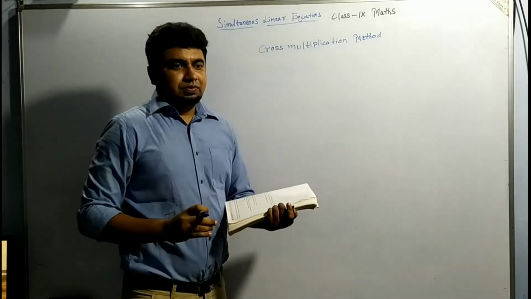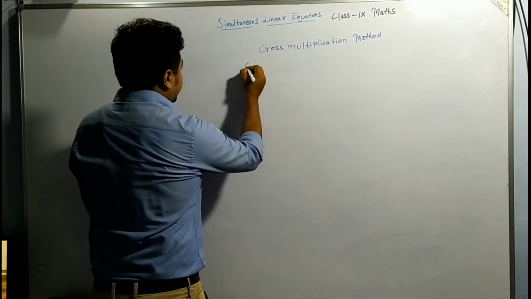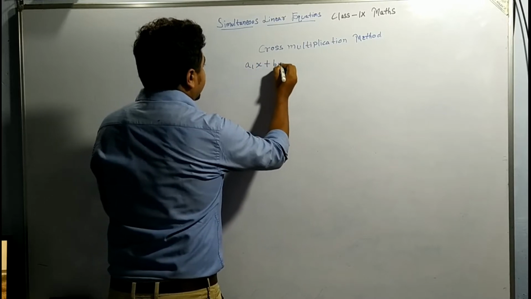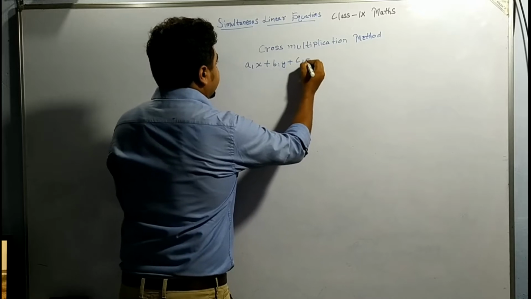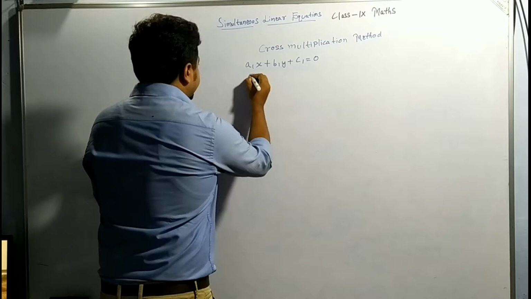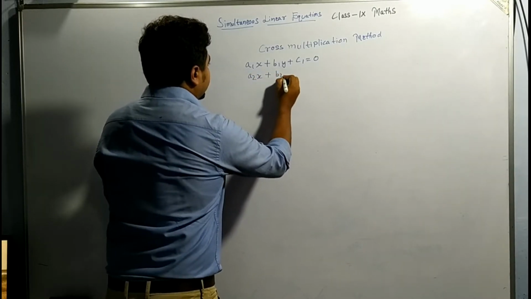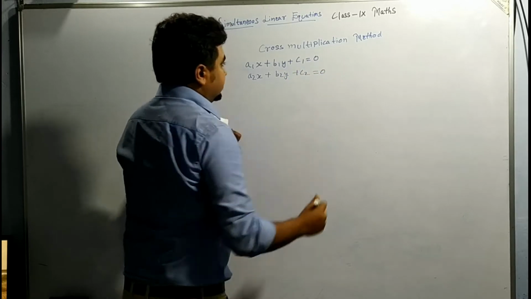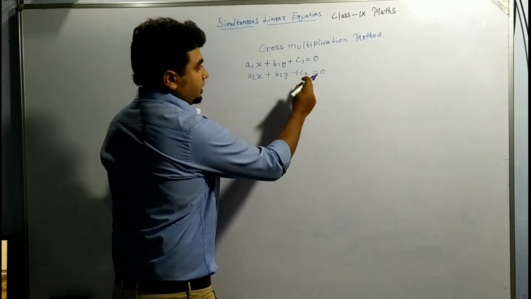For this we will take two equations, simultaneous equations meaning equations in two variables: a1x plus b1y plus c1 equal to 0, and a2x plus b2y plus c2 equal to 0. So these are the two equations. This is the first equation, this is the second equation.